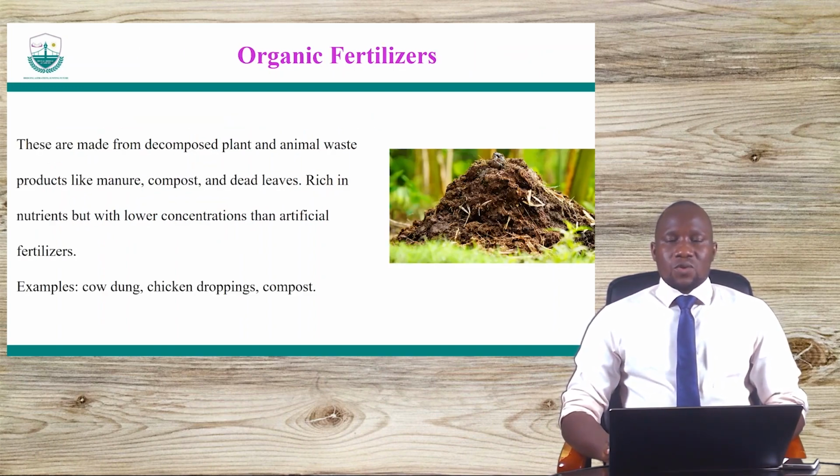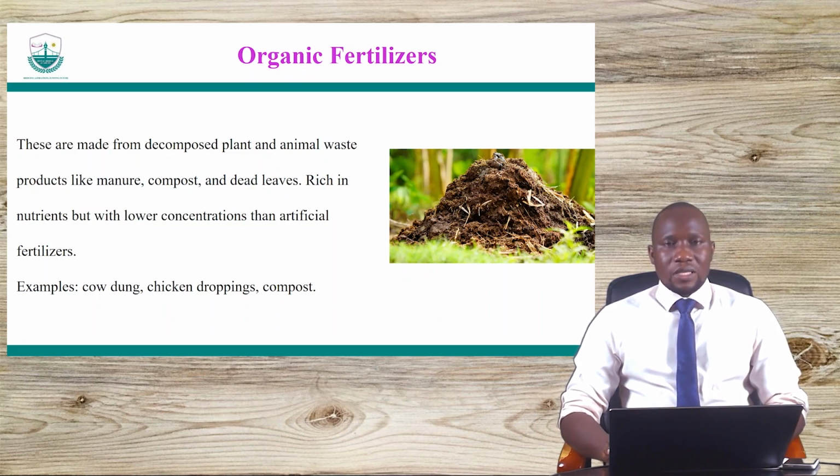Organic fertilizers, what we make on the farm using the waste products. It could be the cow dung, cow droppings, chicken droppings. It can be the urine. It can even be the human excreta. This can be used to produce these fertilizers. Okay.